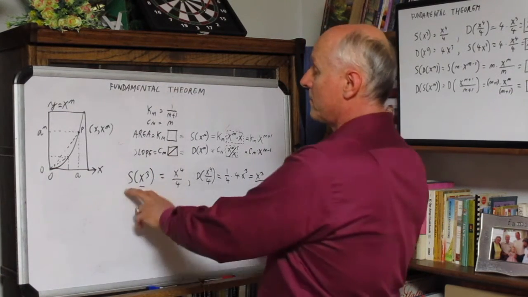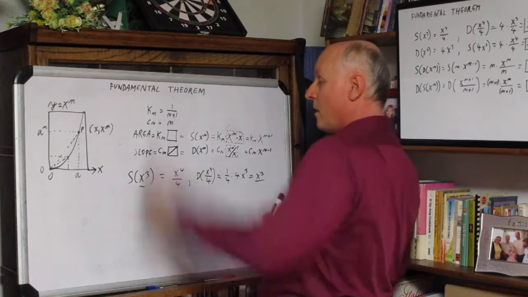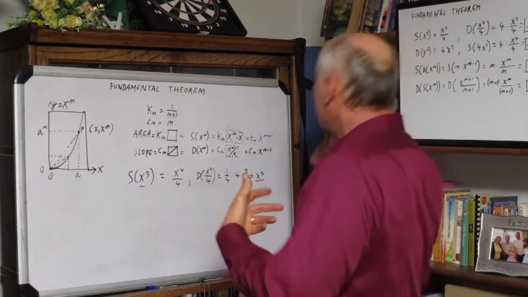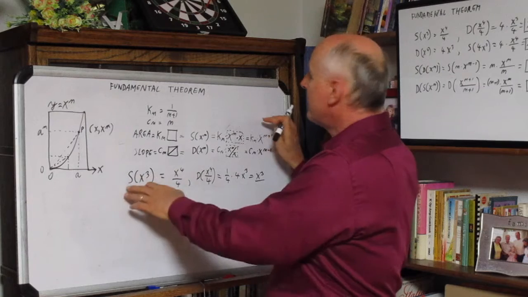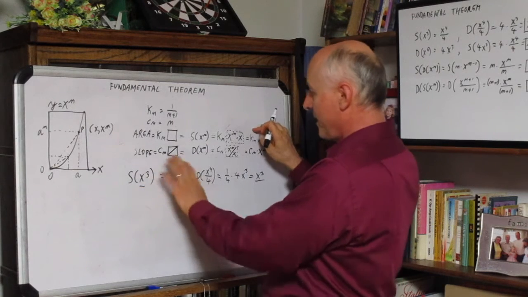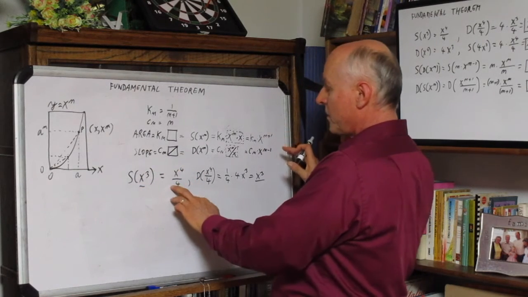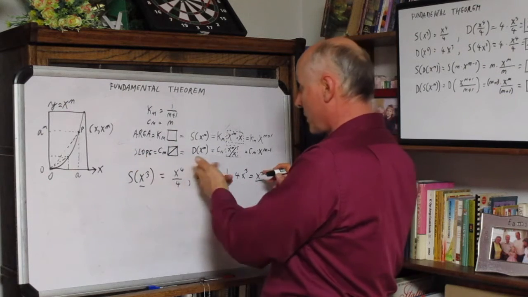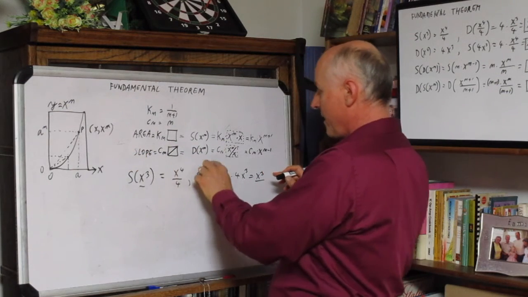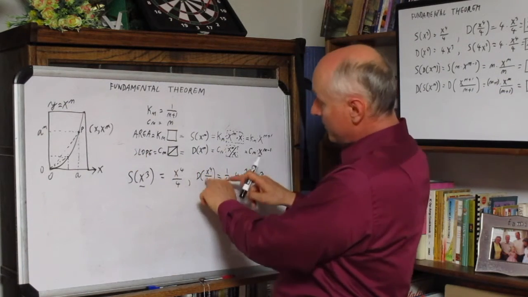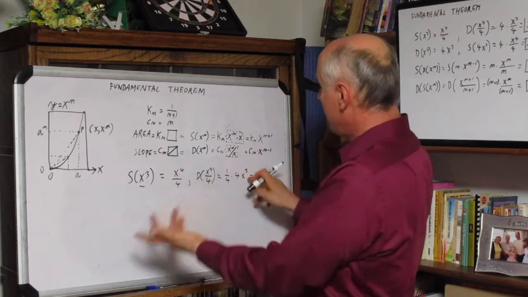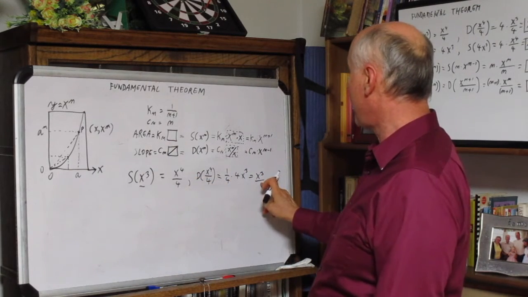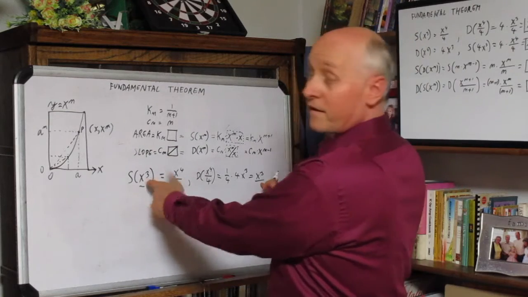So here the area S raised it by 1 power, but it also brought in the constant, 1/4. Now you take the tangent slope of this thing, including that 1/4, and it essentially cancels out and brings you back to what you started with, x to the third.